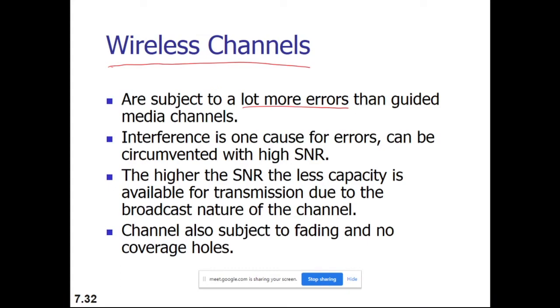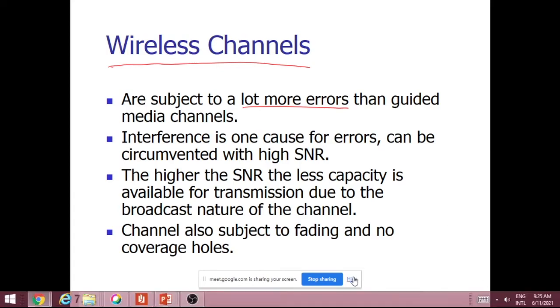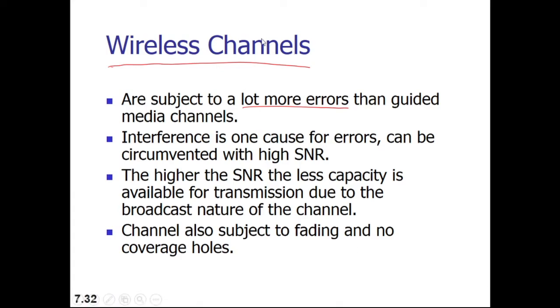So in the wireless channel we face much more error, because the wireless channels are subject to a lot more errors than guided media. In guided media we can protect our signal, because the signal can pass through a shielded wire, so the wire is not exposed to the outside.